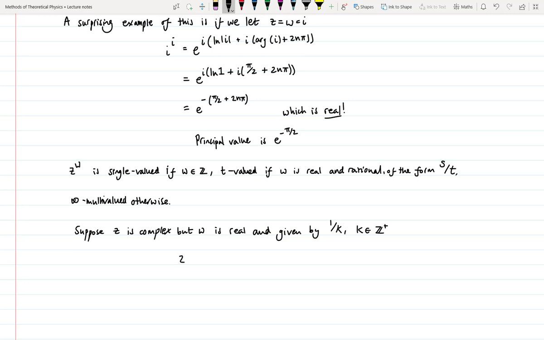Let's imagine we're after the kth root of z, so z to the 1 over k. Well, as before, we can write this as e to the 1 over k times the complex logarithm of z. Expanding this out, we have ln of the modulus of z plus i times its argument plus multiples of 2 pi.